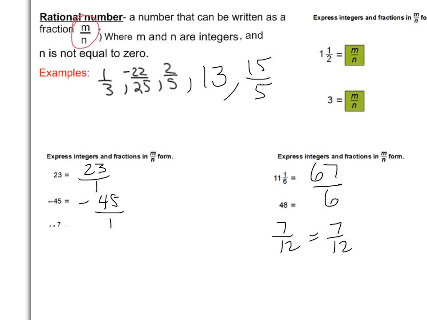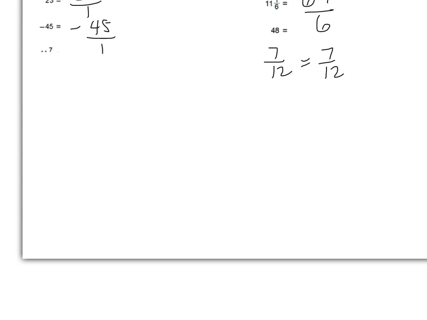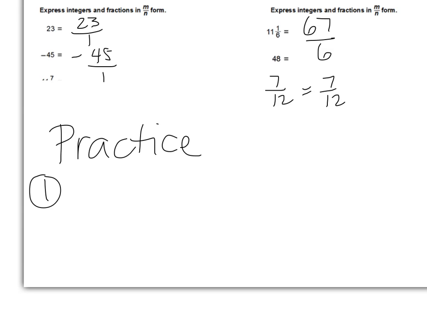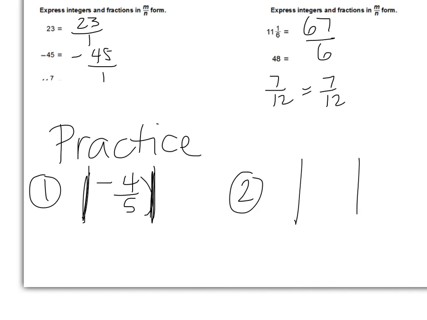So what I'm going to do now is scroll down and give you 5 practice problems. Okay? Number 1, I want to know what the absolute value of -4/5 is. And that should be 2 straight lines. Number 2, what is the absolute value of 15?